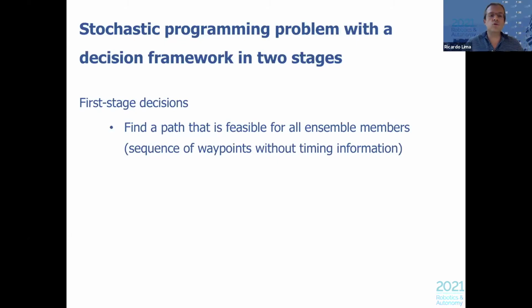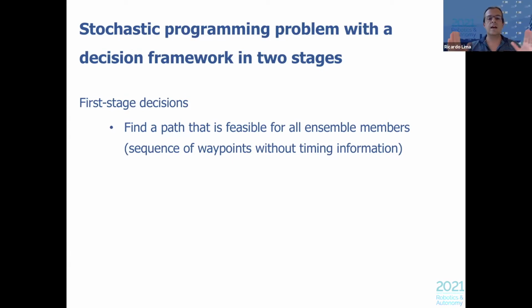So we are going to use this stochastic programming framework where we have all the forecasts in the same model, but we have a decision framework that is divided in two stages, where we have first stage solutions and second stage solutions. So what is our first stage solution in this type of problem? It is the path. So what we want to do is to find a path that is feasible for all the ensemble members that are in the formulation.